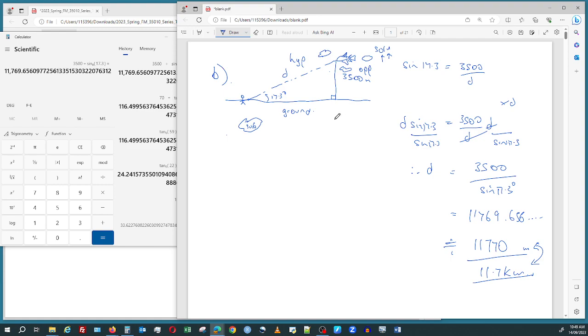From where I live, there's a few city centres that it could be 11 kilometres away. It's quite a long way, and that's only the line of sight. We could work this one out to get the horizontal length as well. All right, a bit of fun for that.